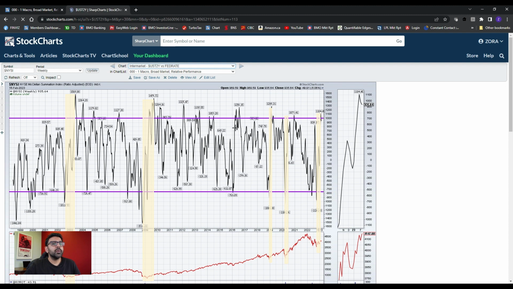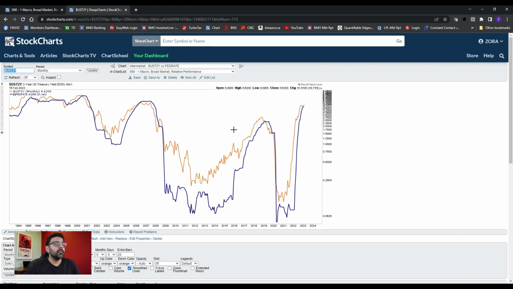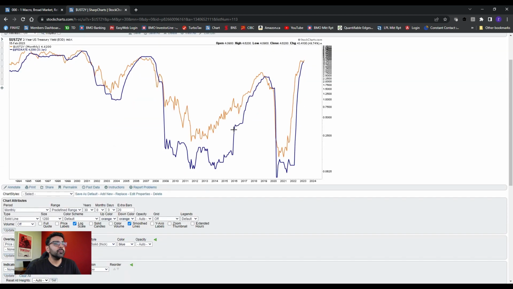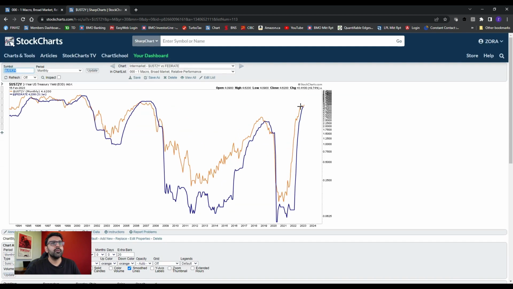Intermarket, the U.S. 2-year Treasury yield and the Federal Reserve rate we can take a look at. So we have just met up. You can see here in the past, what do we see?